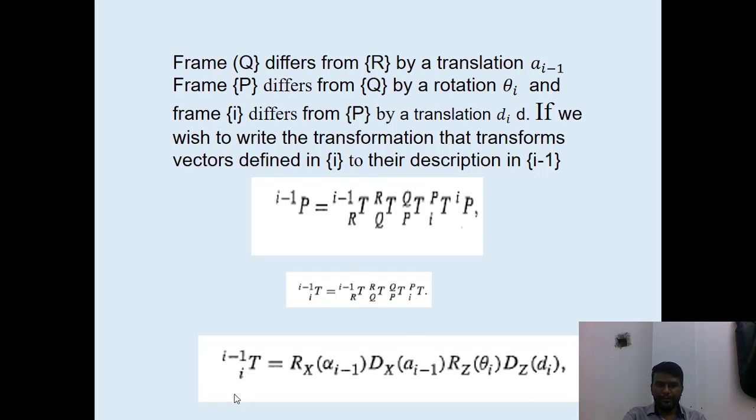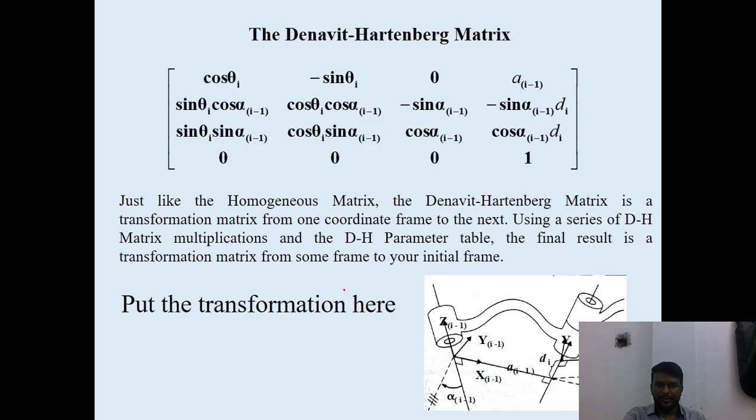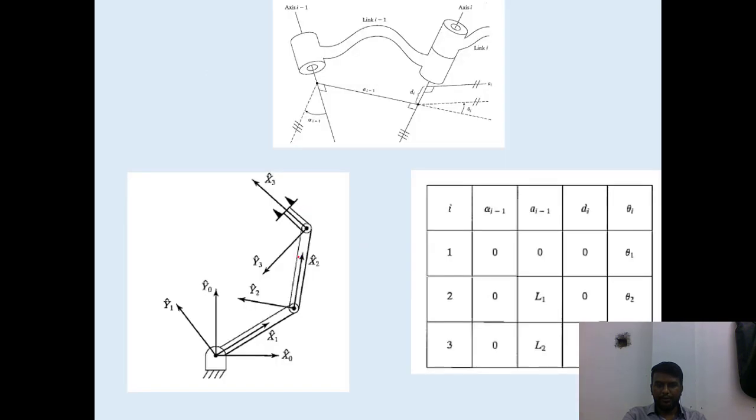This is called the Denavit-Hartenberg matrix. The important thing here is to find this matrix, and it has four parameters: alpha i minus 1, a i minus 1, d i, and theta i. So let us take an example to understand how it works.